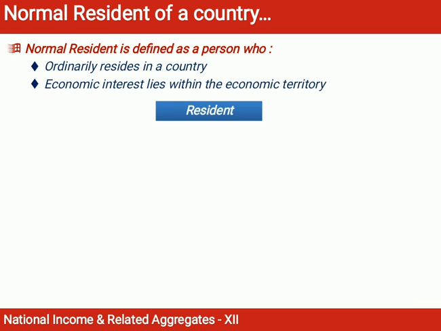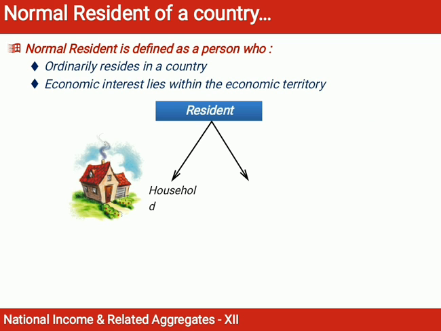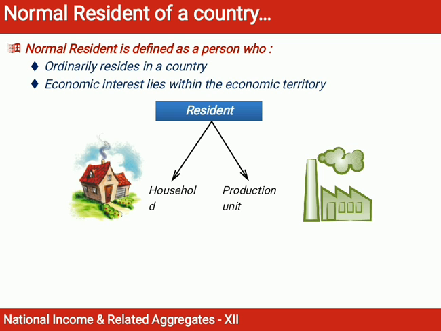And what is the meaning of normal residence? Normal residents of a country refers to the individuals or institutions who normally reside in a country and whose center of economic interest also lies in that country.